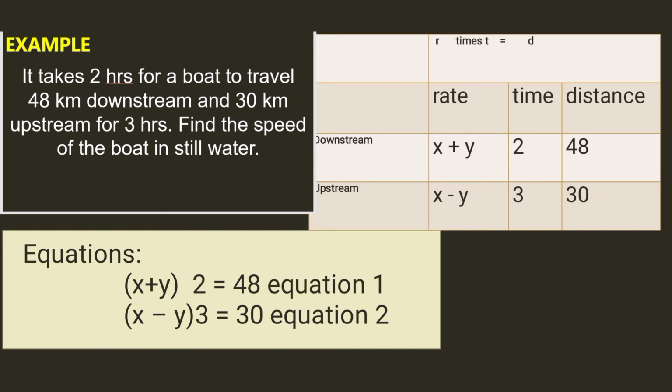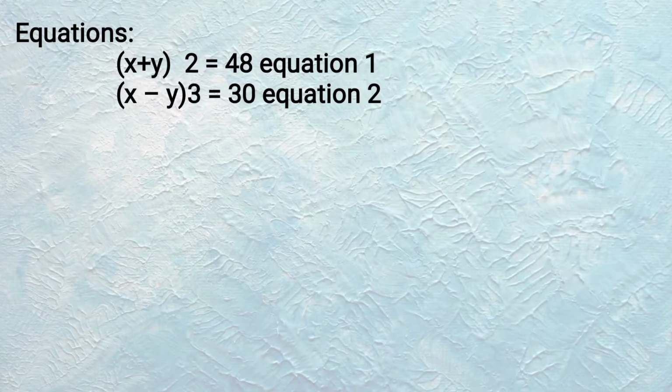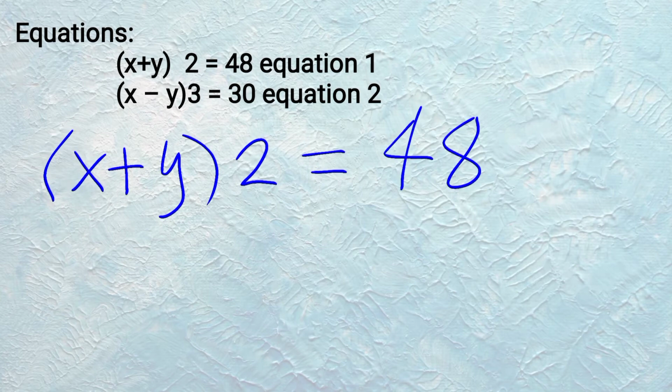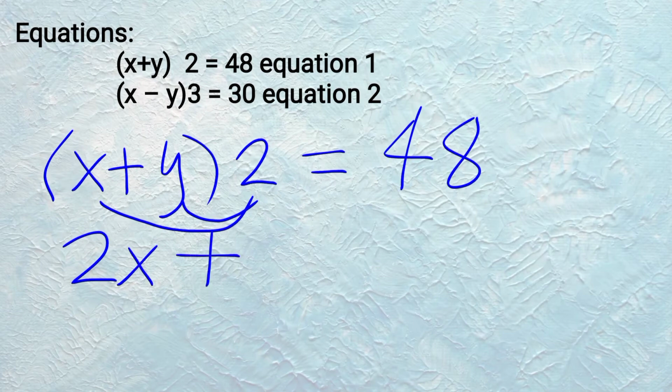Simplifying further equation 1, I will rewrite it below so we can use the distributive property of multiplication. x plus y is the rate, 2 is the time, and 48 is the distance. Distributing the time, we have 2x plus 2y equals 48.